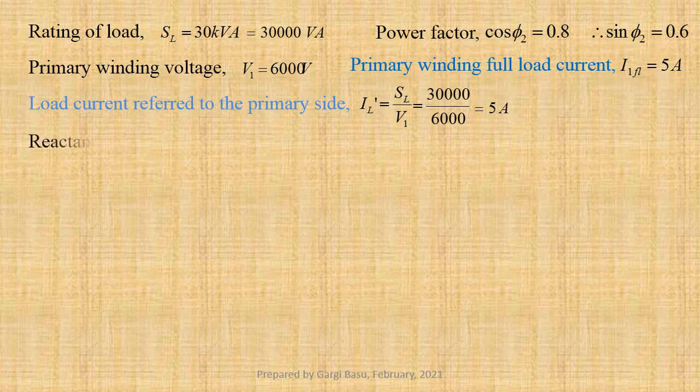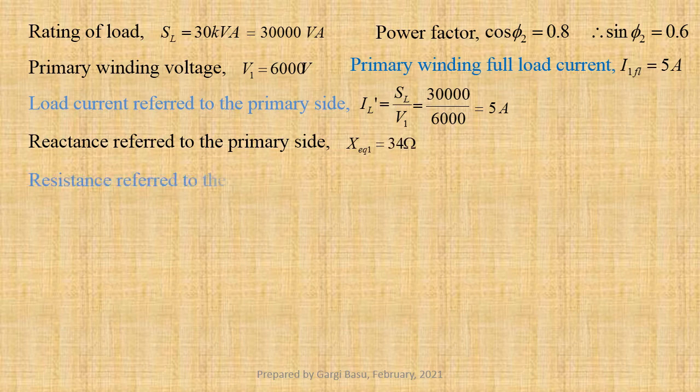Given reactance referred to the primary side XEQ1 equals 34 ohm. We have determined resistance referred to the primary side REQ1 equals 21.0885 ohm. Let us now calculate per unit resistance.